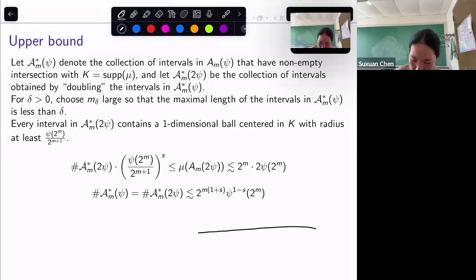Okay, suppose we have the real line R, and we consider the concentration of the self-similar set K. This is the support of mu, which is equal to K. And we consider AM psi.